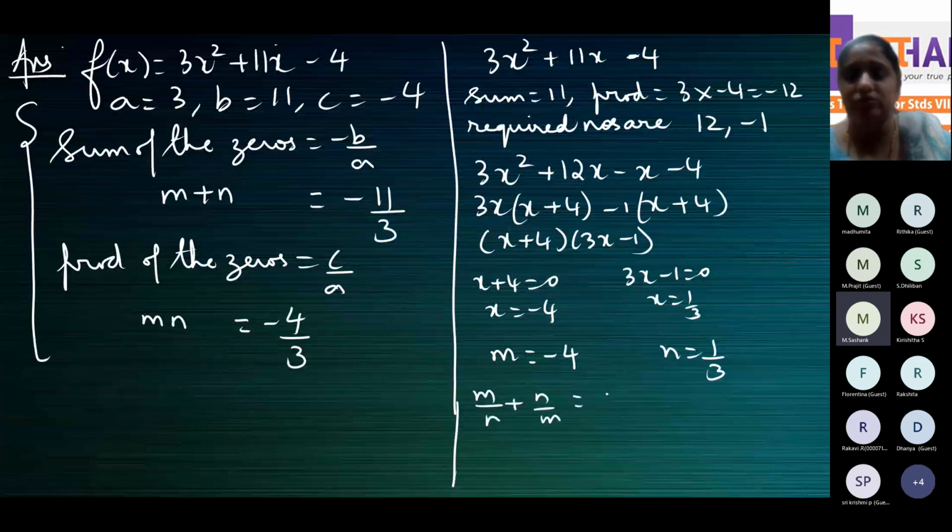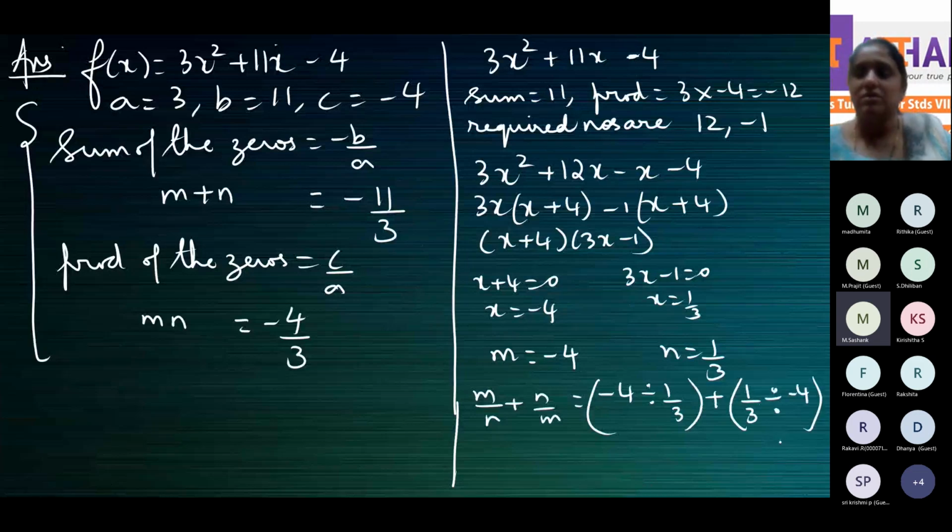So just substitute the values. m is minus 4 divided by n, plus n divided by m. See, I've written it using the symbol like this. m by n: m is minus 4 divided by n which is 1 by 3, plus n which is 1 by 3 divided by m, which is minus 4.